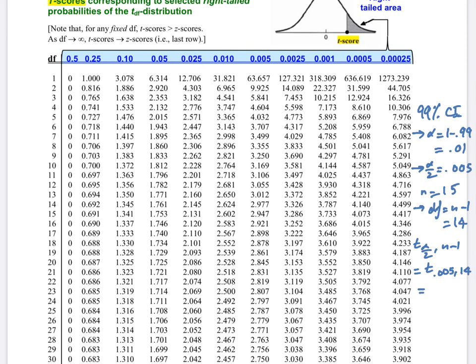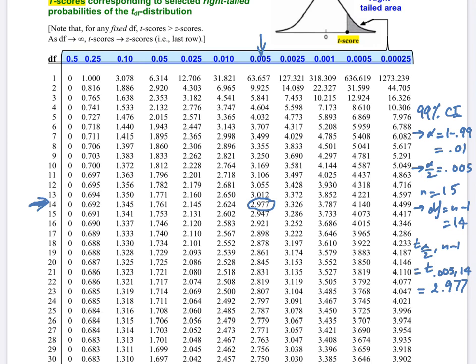To find this value, you would go to the row labeled 14, so this row right here, and then you would look under column 0.005, which is this column. So you would get a value of 2.977, and that's the value that you use to plug into the formula.